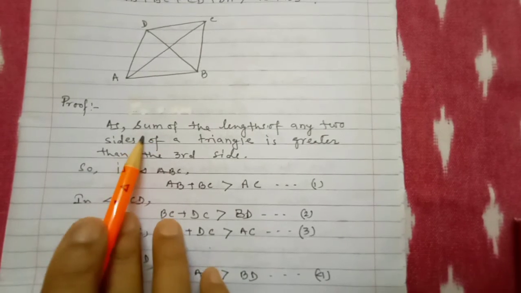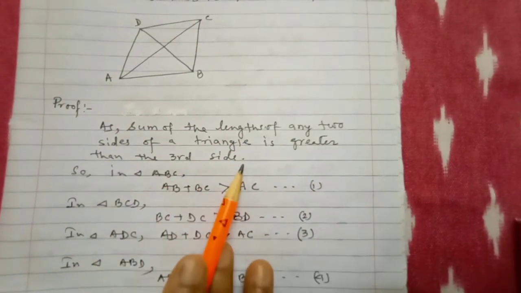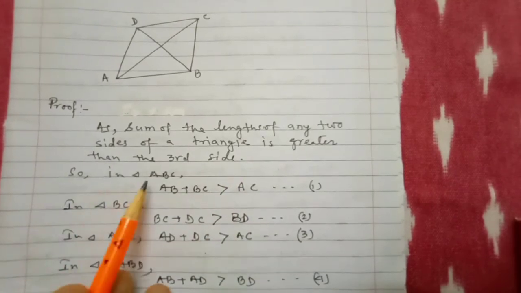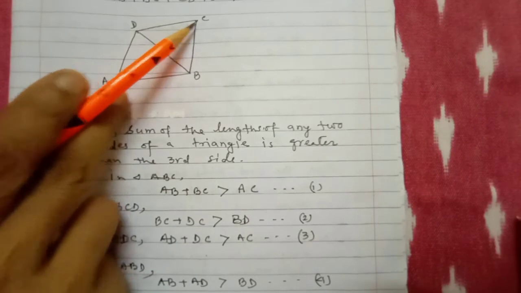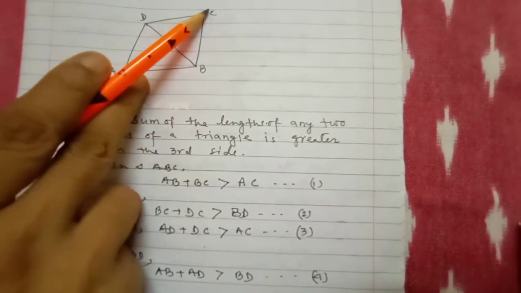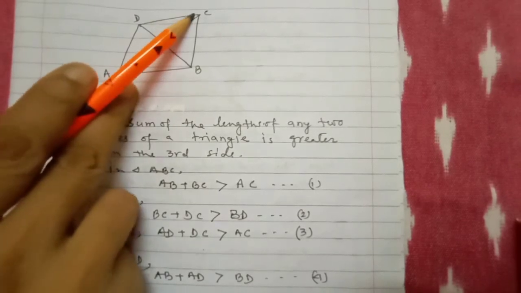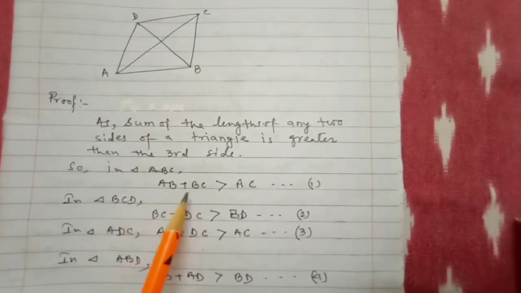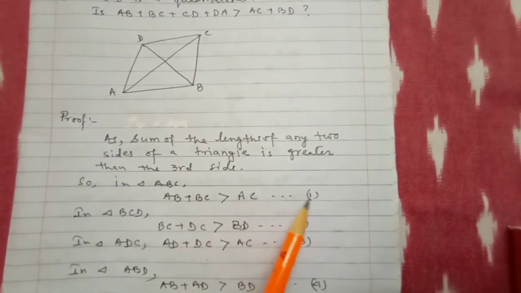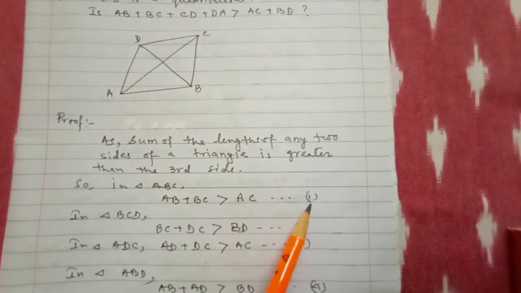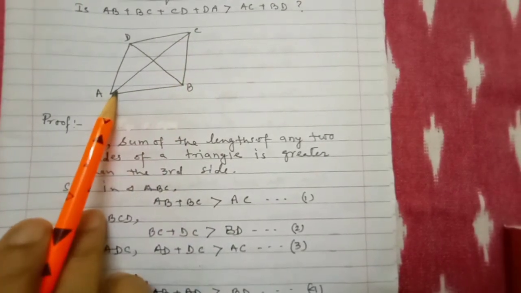So in triangle ABC, AB plus BC is greater than AC because it is the third side. I am taking it as equation number 1.